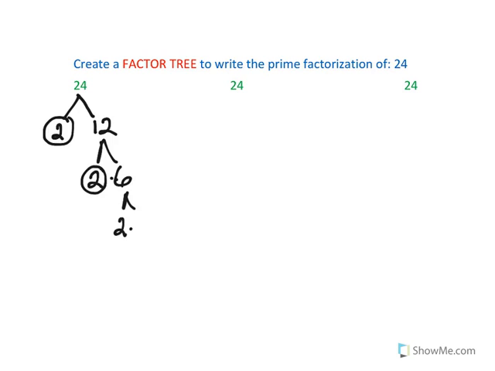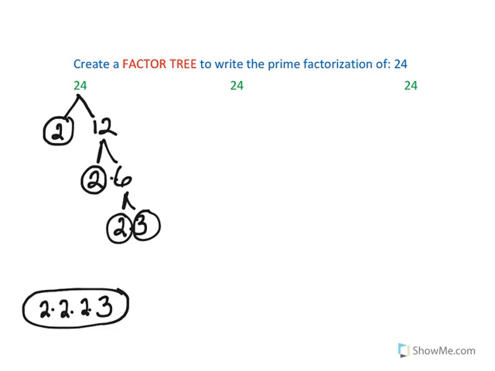And 6 is 2 times 3, both prime numbers. So the prime factorization for 24 is 2 times 2 times 2 times 3. And we write them in order, starting with the smallest number first. All the 2's go together, all the 3's, etc.